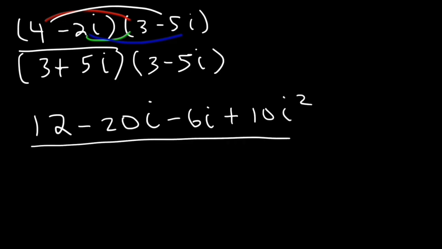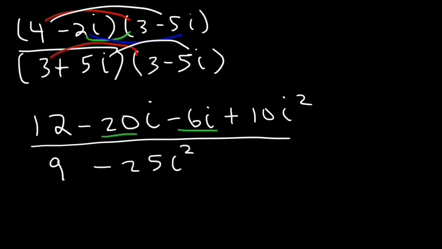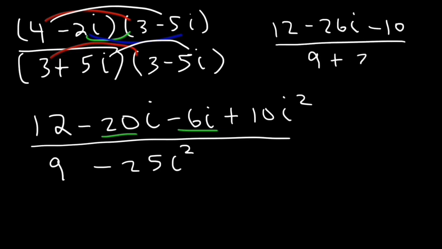Since we know the imaginary parts will cancel out for those without the squares, we'll have the shortcut whereby I'll multiply to get the 9 and 25i squared. Because the other parts will cancel out obviously, it will be 12 minus 26i minus 10 over 9.